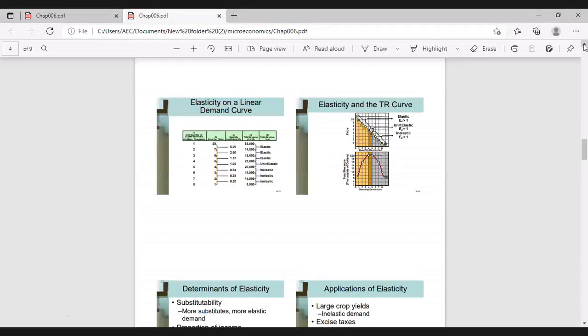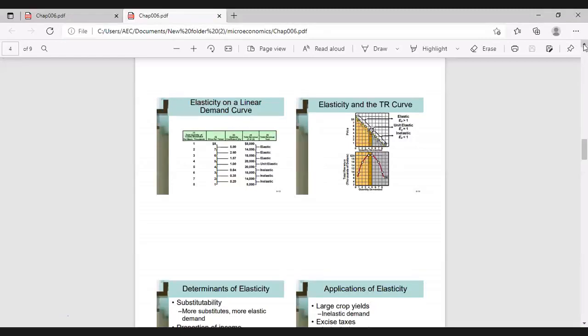In the upper portion of the demand curve, price is high and Q is low. Delta Q over delta P will not change at any point. The P over Q in the upper portion, with higher price and lower Q, is a high value. So delta Q over delta P times P over Q is high, and the coefficient of elasticity is large in the upper portion of the demand curve.